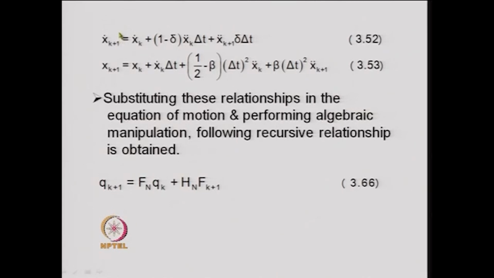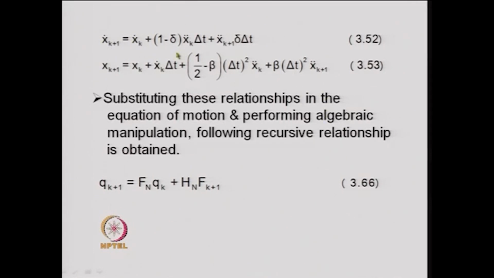For example, if I ask you to find out the velocity at a particular time given a velocity at some other time t, then you can find out that velocity is equal to the previous velocity plus the acceleration multiplied by the time t. That gives you the velocity x dot k plus 1.